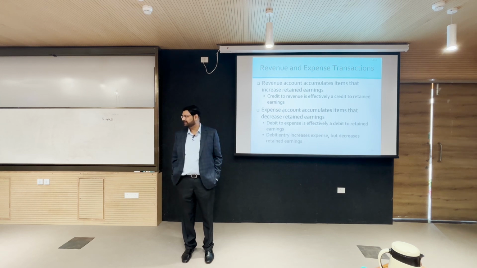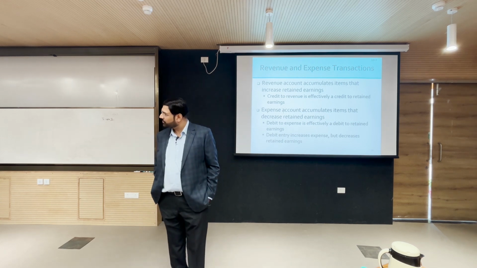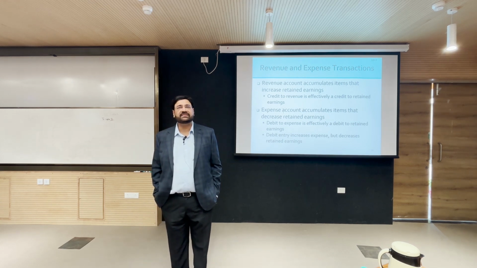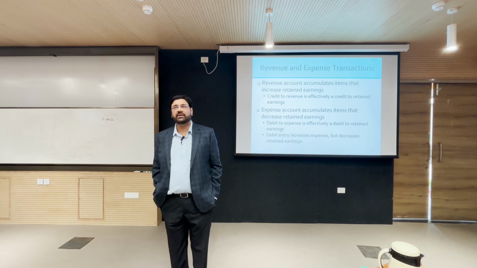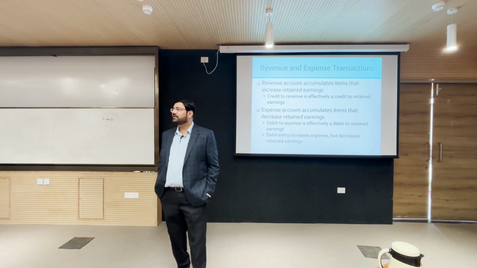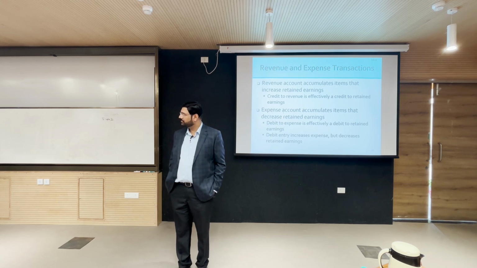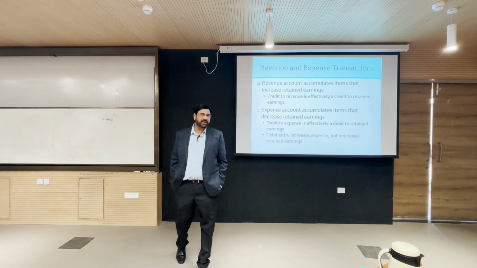An increase in cost price decreases profit, right. So, expenses decrease retained earnings. So, retained earnings was credit, revenues are credit and expenses are debit. Understood? Expenses are opposite, right.